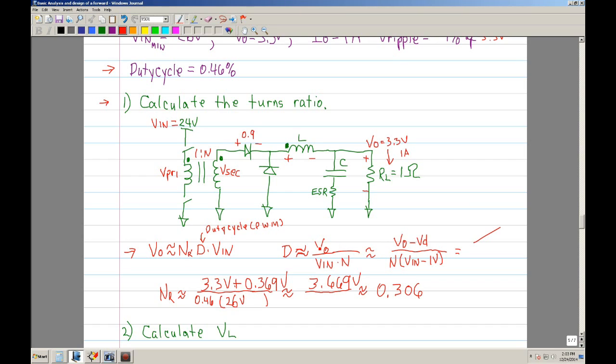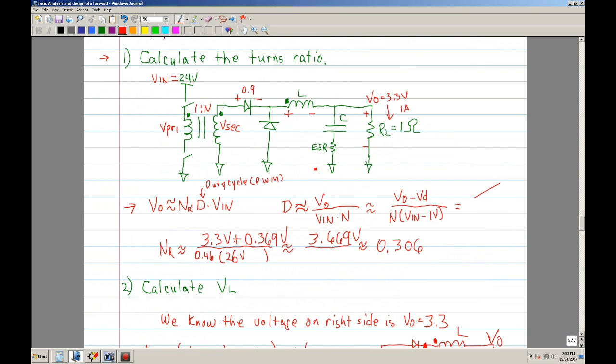And what I did is actually V out divided by V in minus D. Now, to make it a little bit more accurate, I know that the voltage is here, but since I want to know what the secondary is, I went ahead and added the drop across the diode to get a more accurate turns ratio.